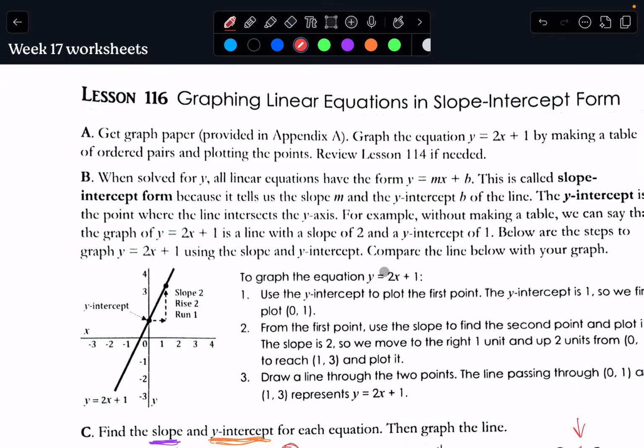There is one thing on here that I want to show you guys that I do not want to trip you up. This is what we call slope-intercept format. Every year when I introduce this, this confuses the mess out of students.